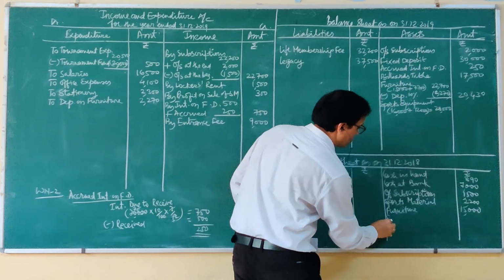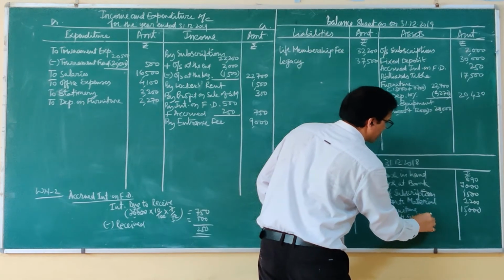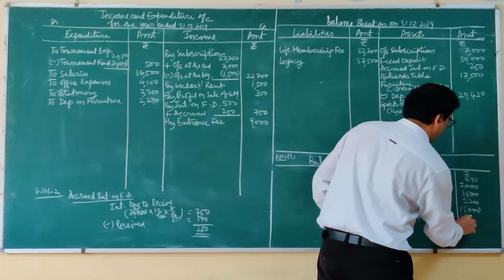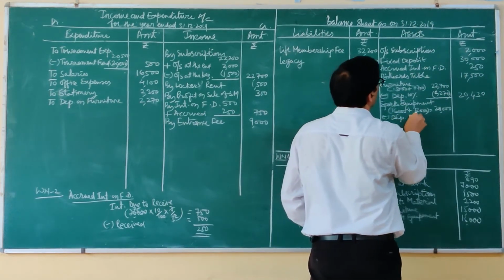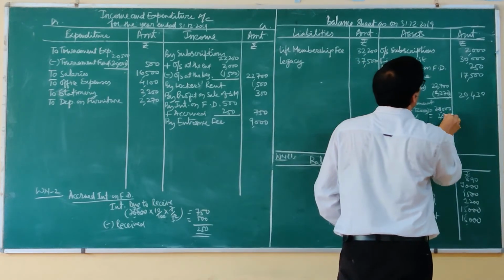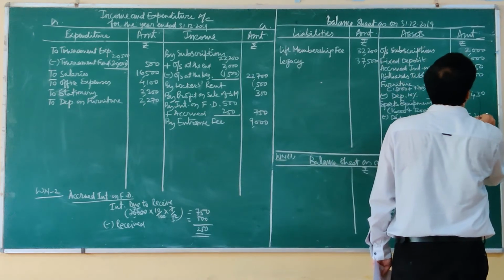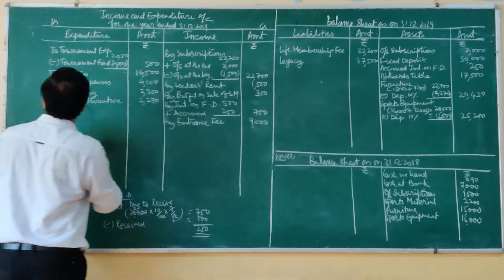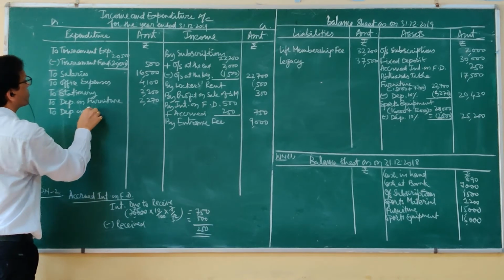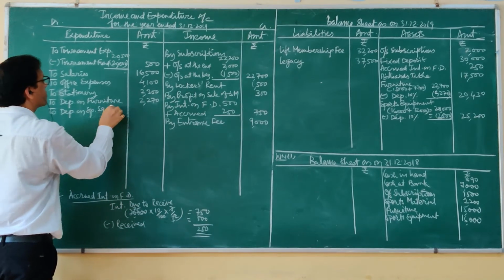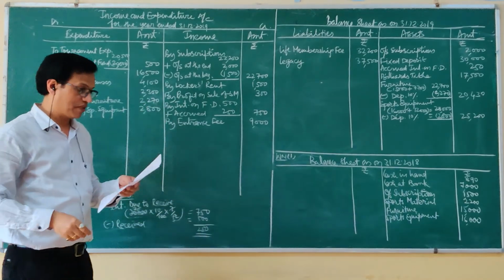Previous year's balance of sports equipment we take here, 16,000, minus depreciation 10% again, 2,800 to be subtracted from it. 28,000 minus 2,800 is 25,200. This depreciation we take on the expenditure side, to depreciation on sports equipment, 2,800. Next item is fixed deposit.